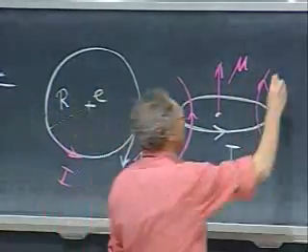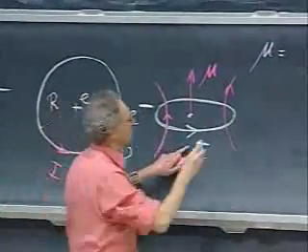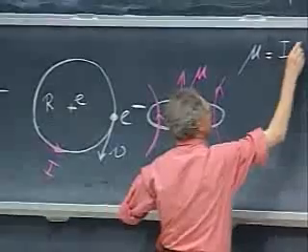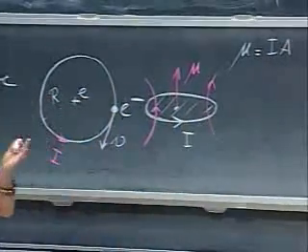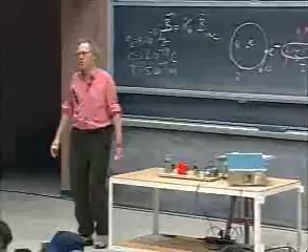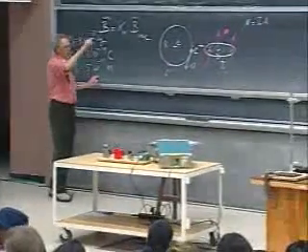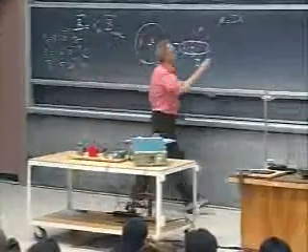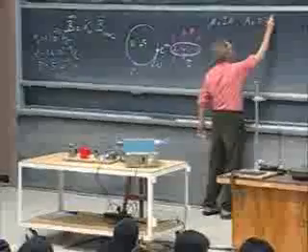The magnitude of that magnetic dipole moment, as we learned last time, is simply this current I times the area A of this current loop. Now the area A is trivial to calculate. That's pi r squared, r being the radius of the orbit.